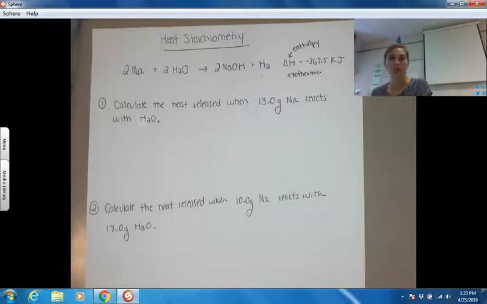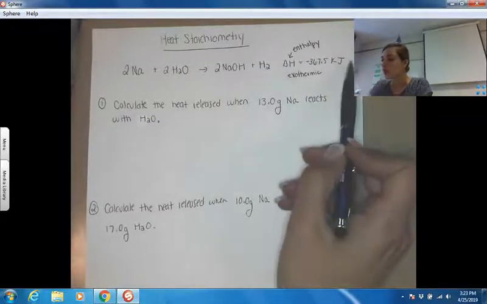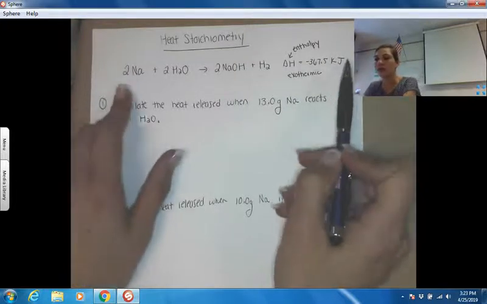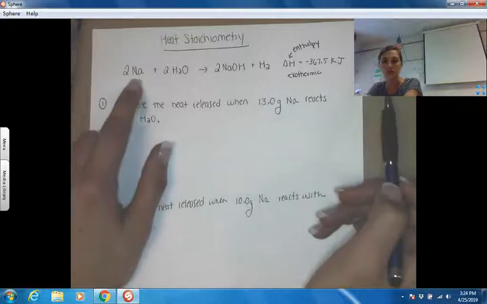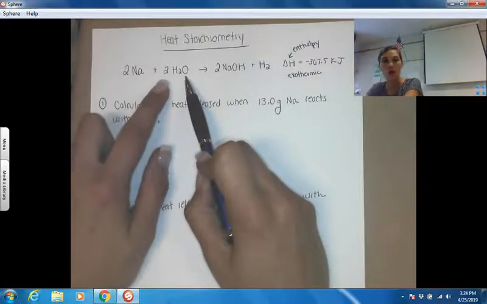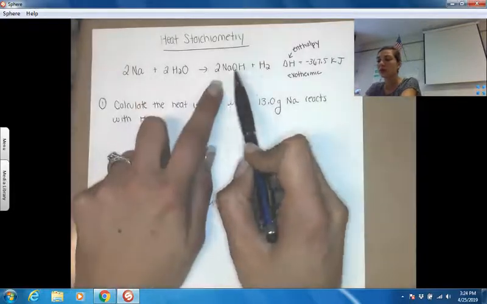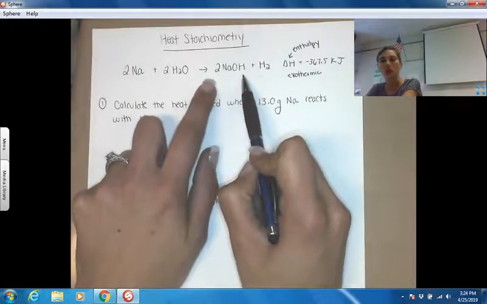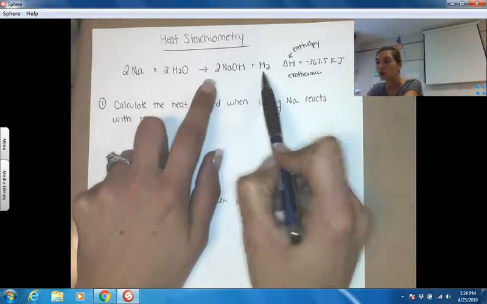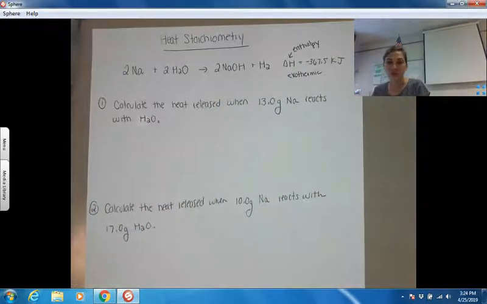Other things about this: this is the amount of energy that is given off when we put in exactly 2 moles of sodium, exactly 2 moles of water, and we get out exactly 2 moles of sodium hydroxide and 1 mole of hydrogen. But unfortunately, things don't always work exactly as they should, and that occurs when we are not putting in exactly 2 moles of sodium.